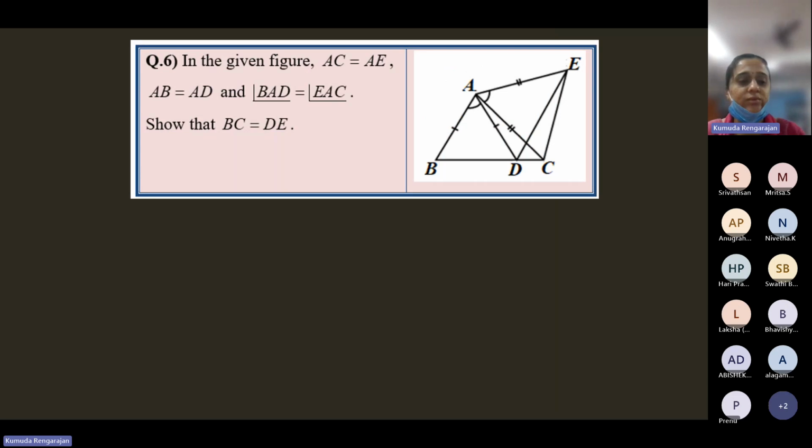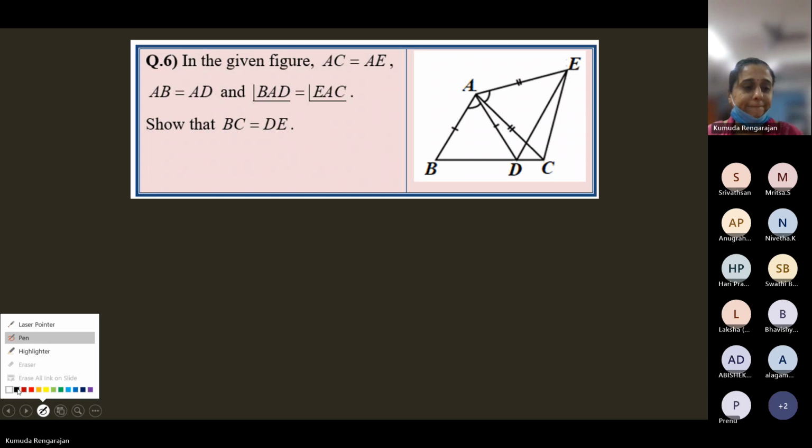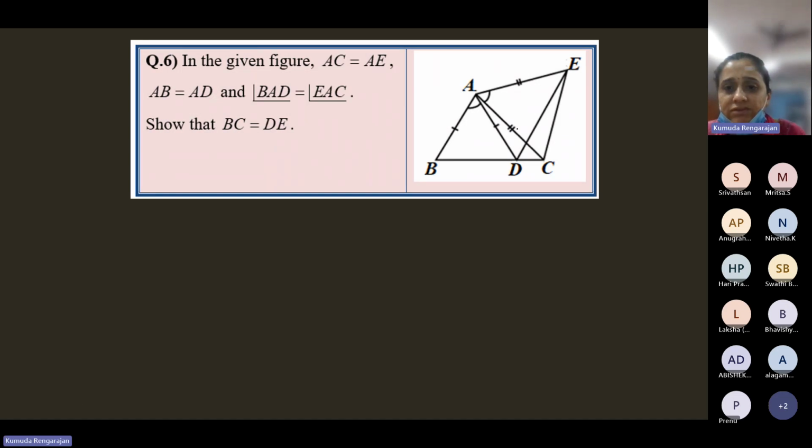Okay. In this one, in the figure, AC is equal to AE. You can see it's also marked. AC, this one. AC is equal to AE. You can see the double lines. And AB is equal to AD.